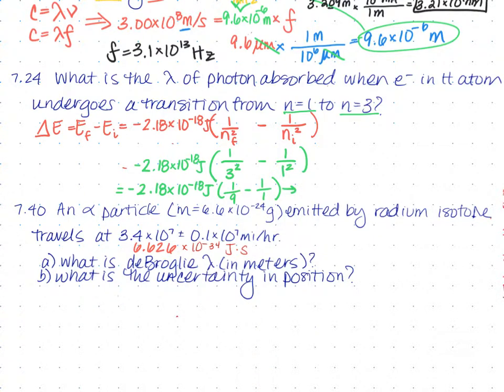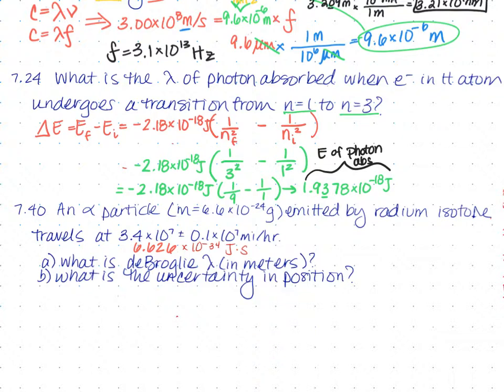This will then give you 1.9378 times 10 to the negative 18 joules, because what was in the parentheses had no units. Okay, this corresponds to the energy change of the electronic transition, or it corresponds to the energy of the photon absorbed.